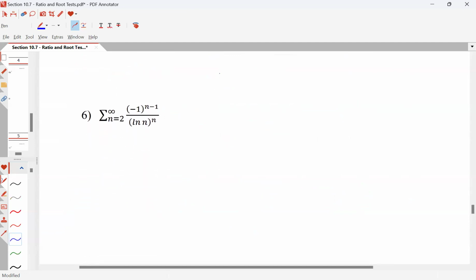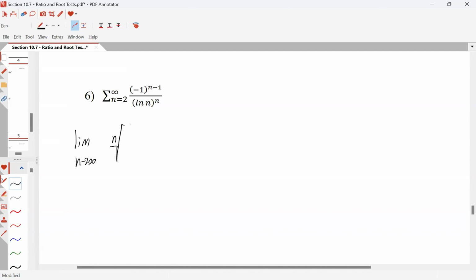So second example, we have the series n equals 2 to infinity of (-1) to the n minus 1, all over (the natural log of n) to the n. Setting up the root test, we look at the limit as n goes to infinity of the nth root of the absolute value of (-1) to the n minus 1, all over (the natural log of n) to the n.